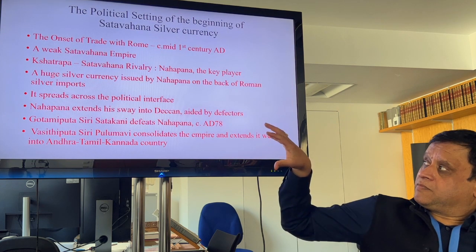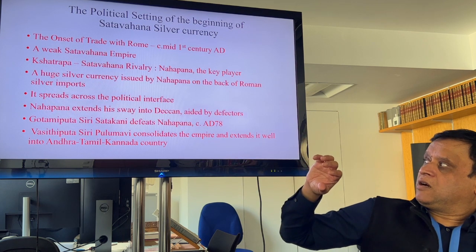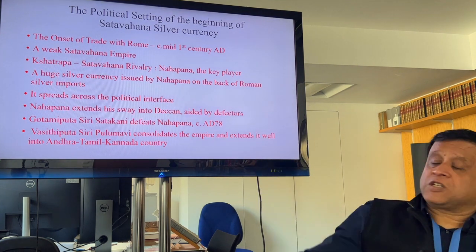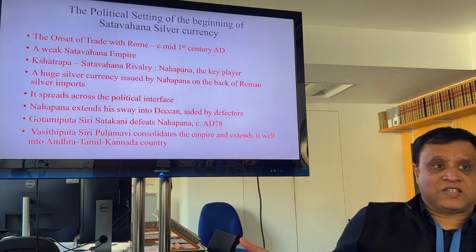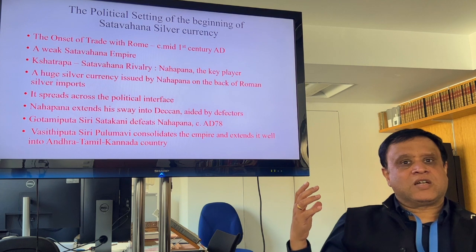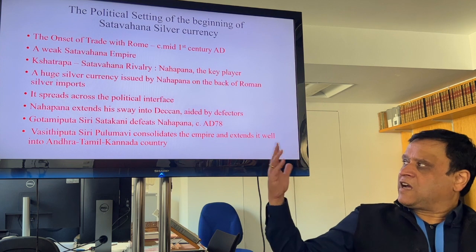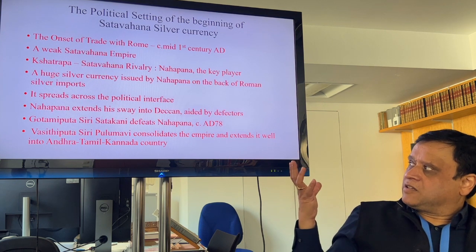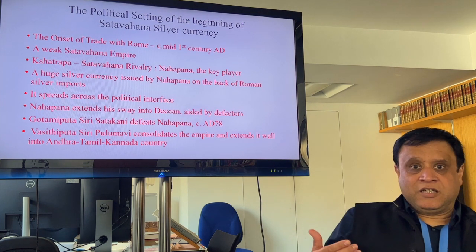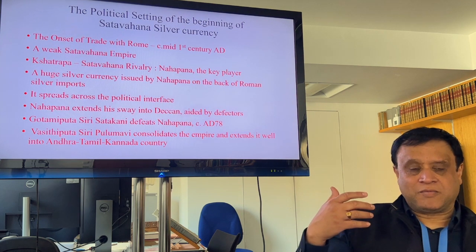And since Nahapana was able to lay his hands on a good number of silver imports that were coming through the Roman trade, he was able to launch a major silver currency on the back of these imports. And obviously, because it was a well accepted and standard currency, it had the advantage of spreading across the political interface, because people wanted to believe in a currency which was more reliable, more trustworthy.